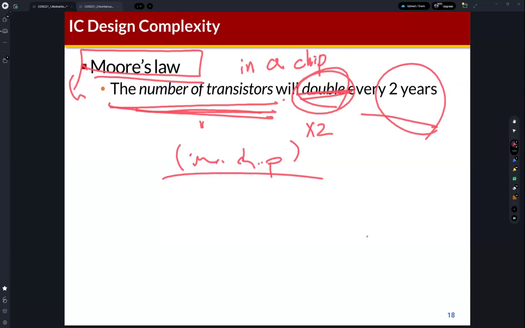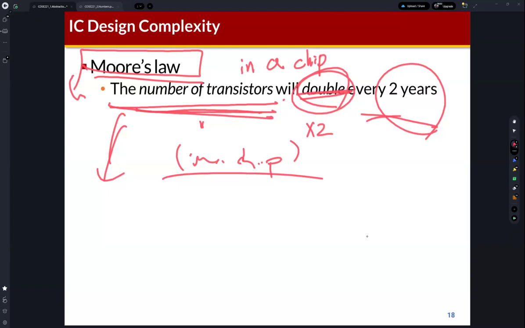It explains the trend of semiconductor technology. We can also say that the complexity of our processor increases by 2 every 2 years.